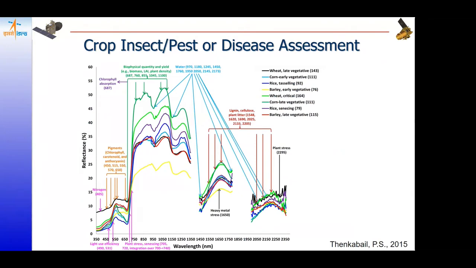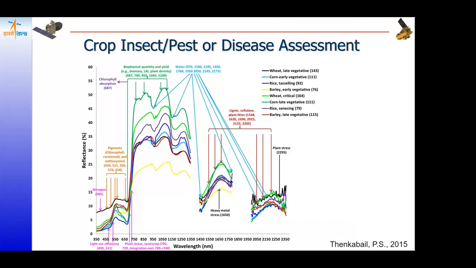In the case of the PAR range, the photosynthetically active radiation from 400 nanometer to 700 nanometer, this is specifically related to information on light use efficiency, nitrogen, pigment, chlorophyll, all of which can be derived from reflectance in the PAR or visible wavelength range. In the near infrared range, the reflectance is mainly governed by leaf structure.